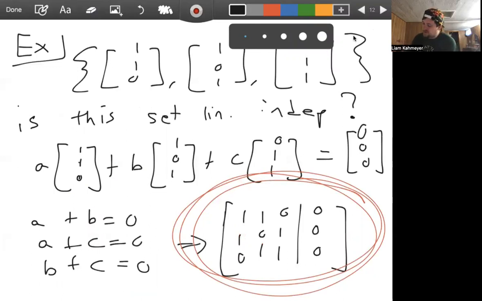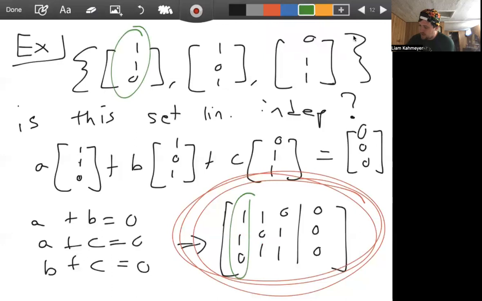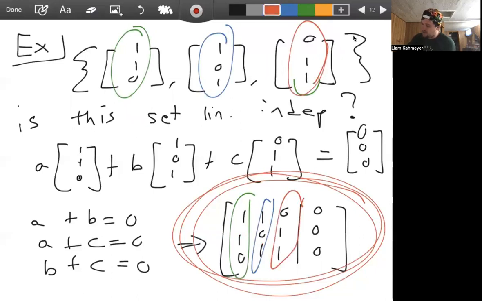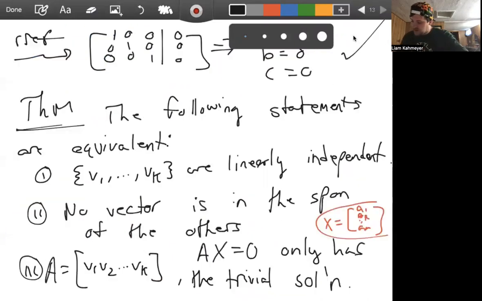What you always do is you take your collection of vectors, you set up the matrix of these vectors, where each vector in your collection is a column in the augmented matrix, you set it equal to 0, and then you put that augmented matrix in reduced row echelon form to see if you get the trivial solution or not. If you get only the trivial solution, then it's linearly independent. If you get anything else, then it is not, right? And so we've seen an example.